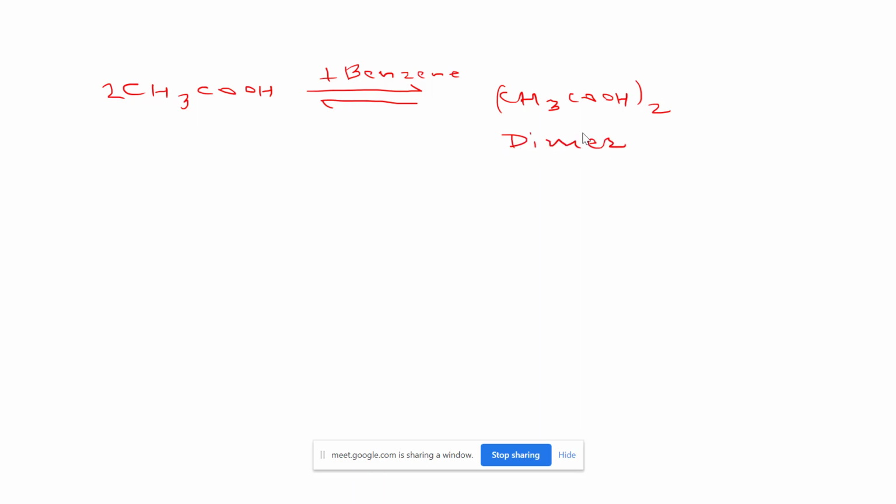Two molecules are combined together to form this one entity, and these two molecules are known as monomers. When two monomers participate to form one entity, this process is known as dimerization instead of polymerization. For polymerization, this number should be more than 10. When 10 or more molecules are associated and form one entity, we call it polymerization.